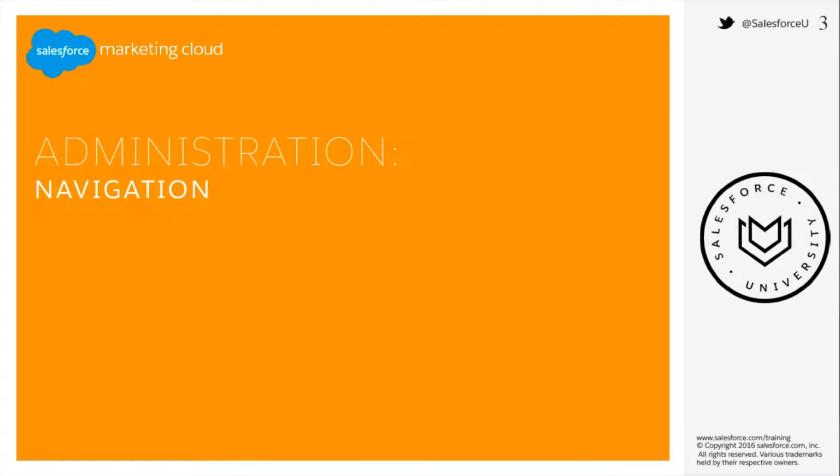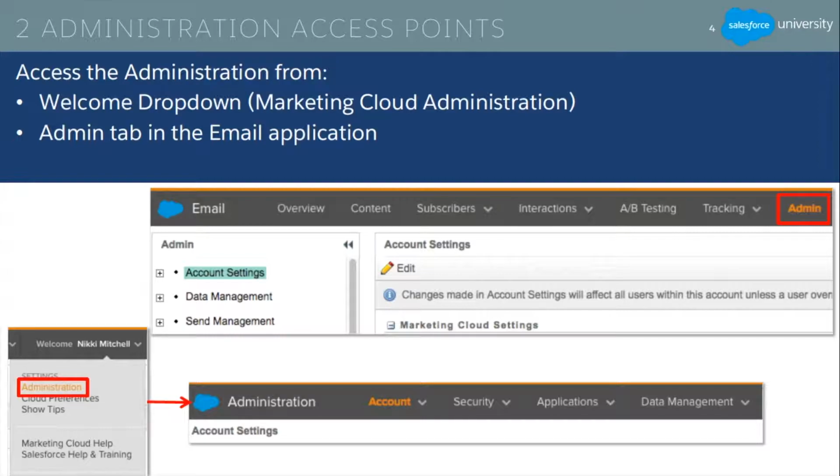All right, let's talk about navigating through the administration first of all, because there are two places that we can access administration, because there are really two types of administrative roles that can be assigned. We're going to talk more about role assignment and how that works later on in this session, but let's go ahead and talk about where we can navigate through.